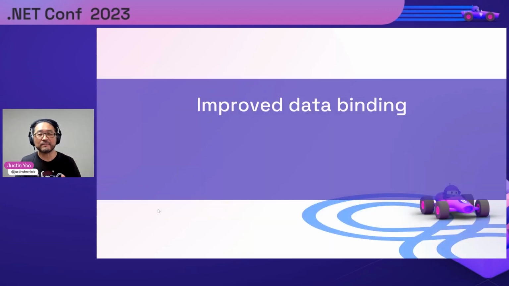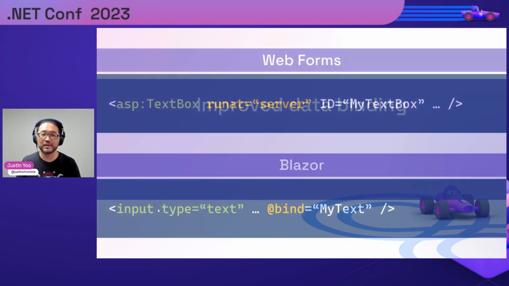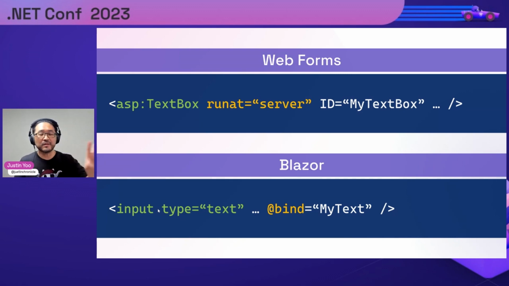So far, we have discussed similarities between WebForms and Blazor. But these are not enough for the migration. The Blazor side should have more benefits so that we are convinced to migrate. So what are they? The first one can be data binding. Let's take a look at this comparison. In the WebForms application, we use WebForms-specific controls that require the server-side postback.